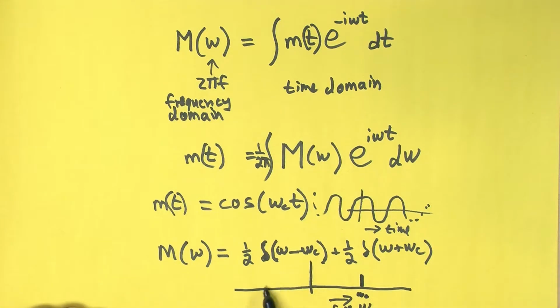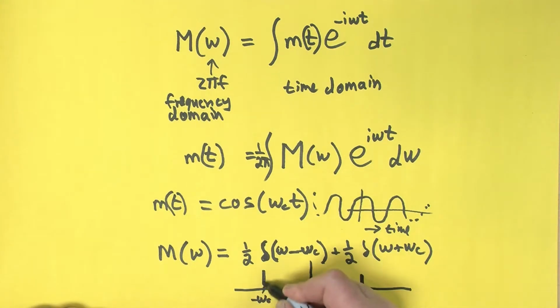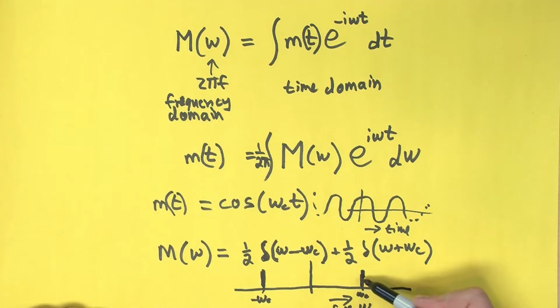And we also have a result at minus omega c over here. So oddly enough, we end up with a result that has a positive and a negative frequency value. And we will talk some more about that shortly.